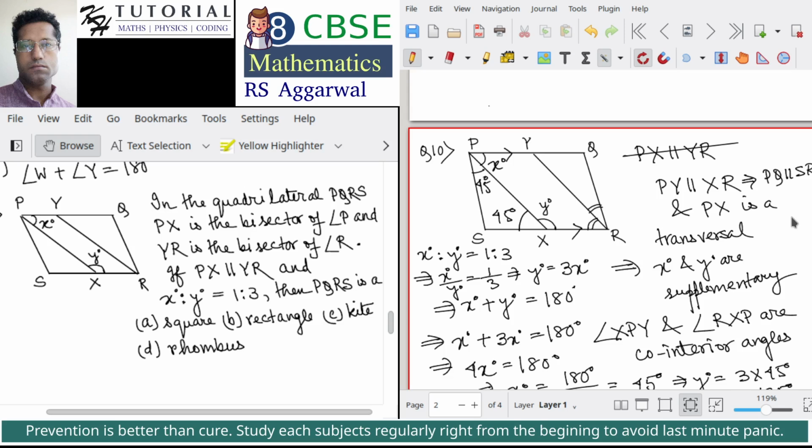Now, so fine. We are having PY parallel to SR. So that means PY is parallel to XR and SR. That means this angle will also be X degree, because PQ is parallel to SR and YR is a transversal.